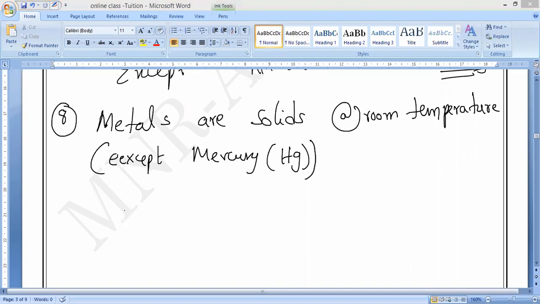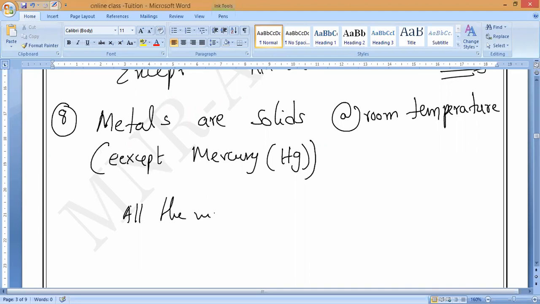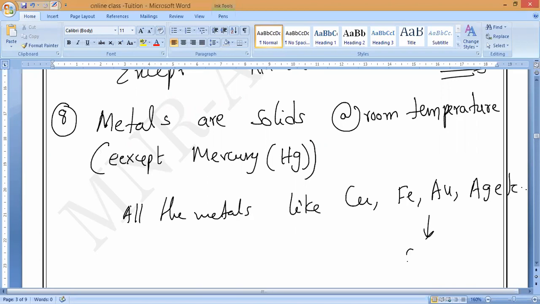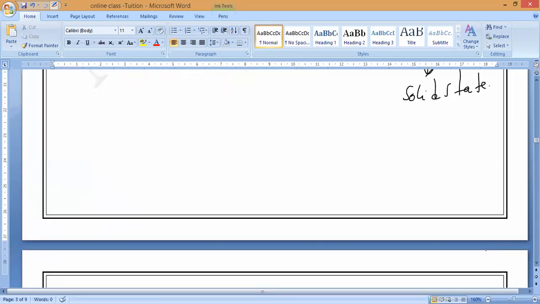So all the metals, like copper, iron, gold, silver, etc., are in solid state. At what temperature?